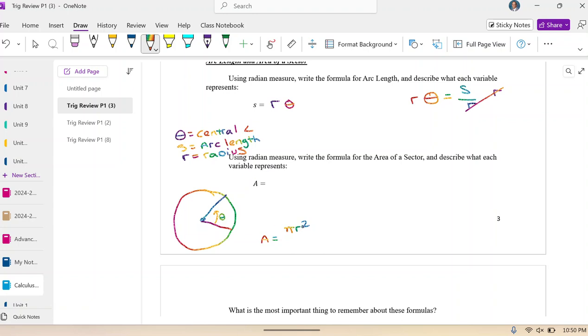So you would take the angle divided by 2 pi, times pi r squared. Notice in this formula the pi's cancel, so the area of a sector is the angle divided by 2 times the radius squared.